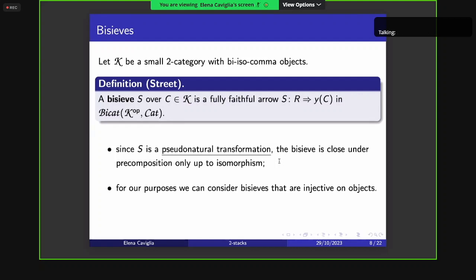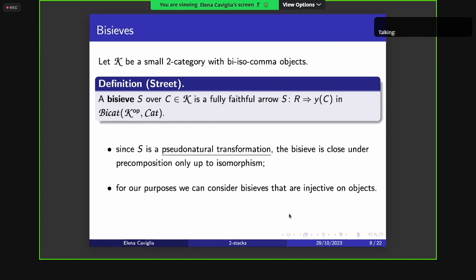Moreover, here we are asking for a fully faithful arrow, but we are not asking that this is injective on objects. And this is a bit bad because this is the condition that allows us to talk about sieves as collections of morphisms. So we want to work with this additional condition. And to do so, we notice that every bisieve is somehow equivalent to a bisieve that is also injective on objects. So for our purposes, we can always consider bisieves that are injective on objects.